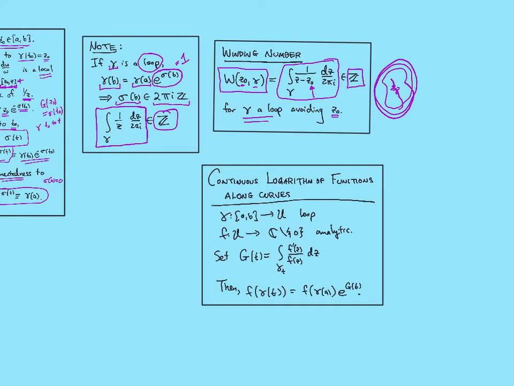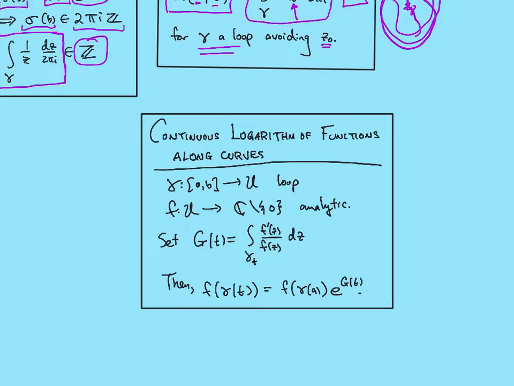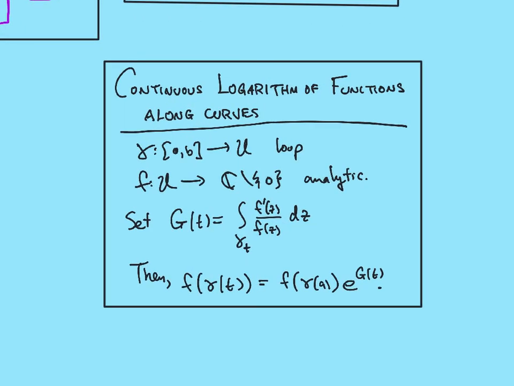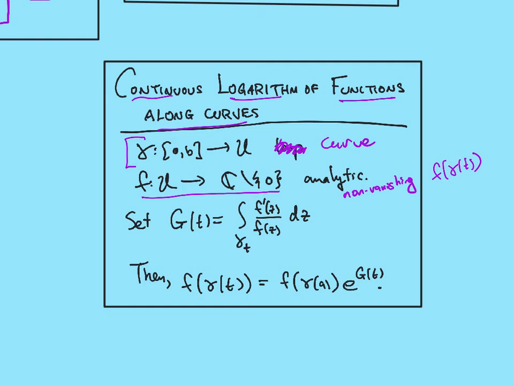And let me just talk about one minor variation of what we just did. You can take the continuous logarithm of a function along a curve in the following sense. This says loop, but I don't need it to be a loop. Let's just say curve. So given gamma here, a curve, and given an analytic function f that's non-vanishing, I'm going to form a continuous logarithm of f of gamma of t.